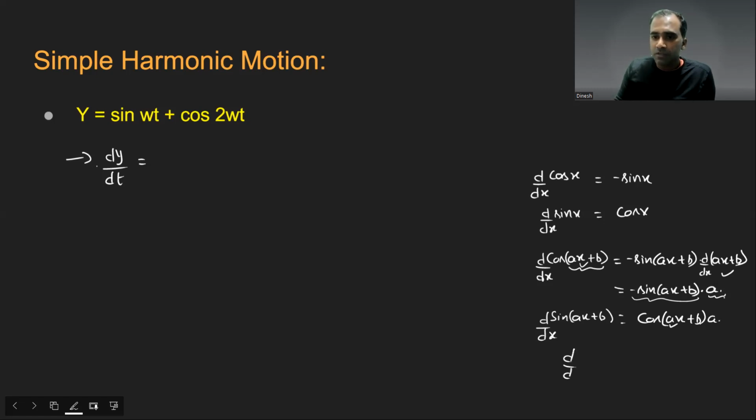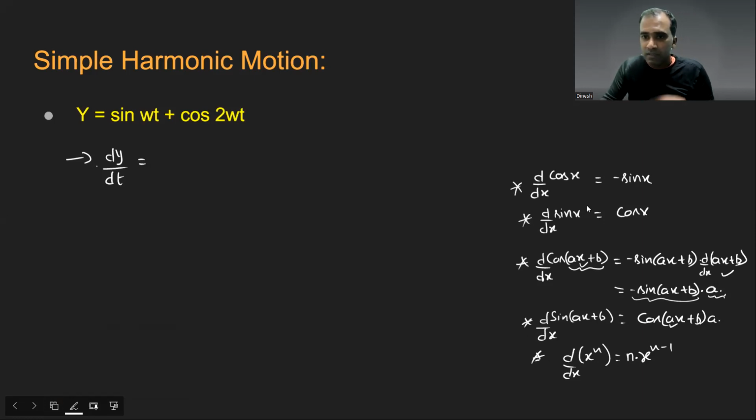One more differentiation. X to the power of n, we can write it as x to the power of n minus 1. N into x to the power of n minus 1. Simple differentiations.